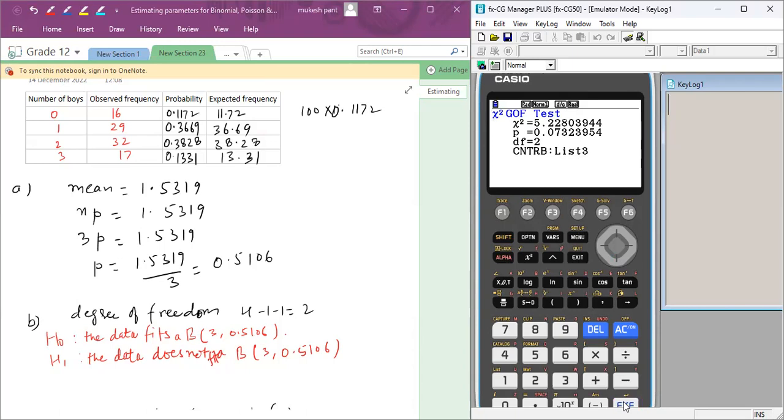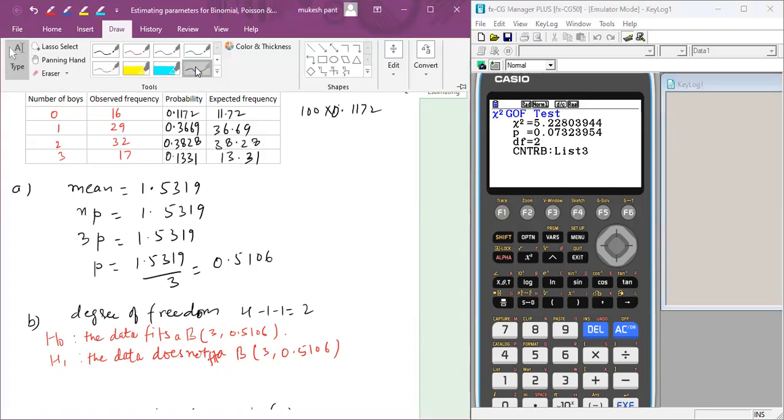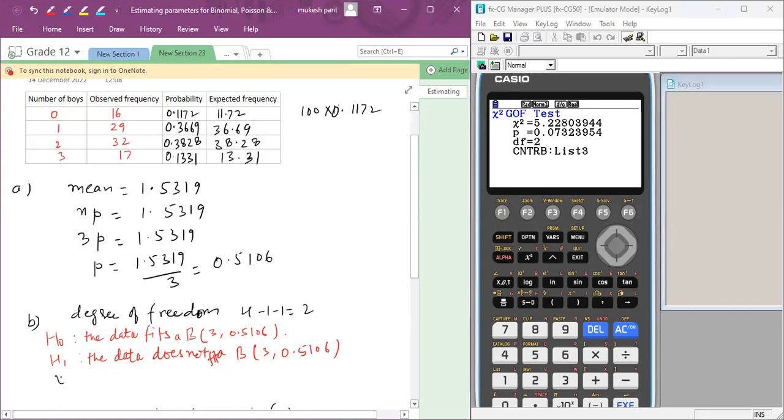You can see chi square equals 5.228280 and p value equals 0.0732. You can write this, or if you wish you can write it up to 3 significant figures also.